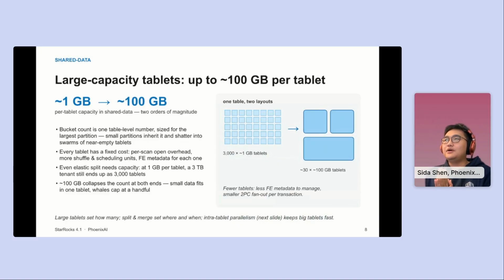You would have a lot of tablets for the big ones, and the small ones follow the same rule, so they have to have the same amount of tablets, but probably have like 3 rows of data, right? So you end up having a lot of small tablets, which is very bad because every single tablet has a fixed cost, right? Opening them, although it's kind of cheap, is not free, right? So opening each tablet is not free, and also it's more costly in terms of shuffling, right?